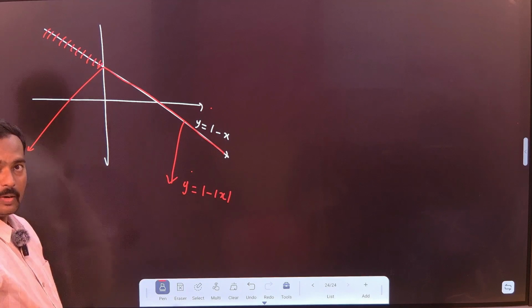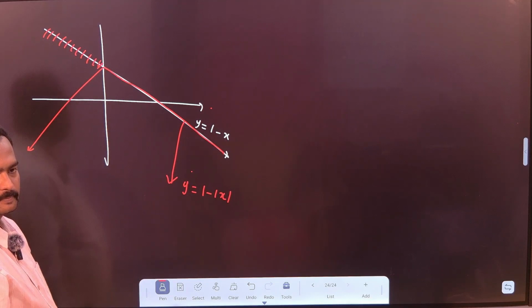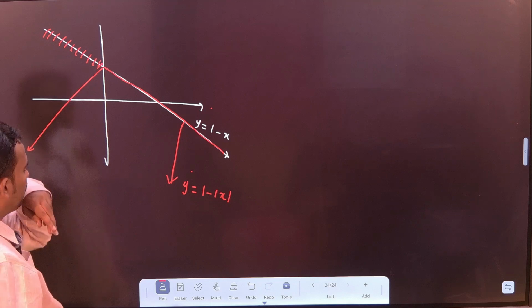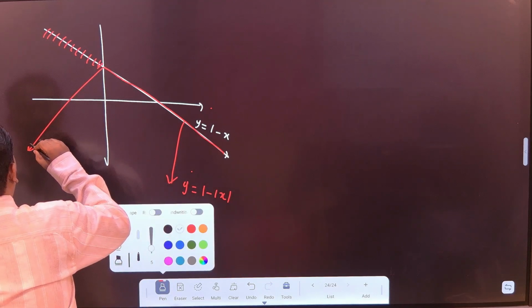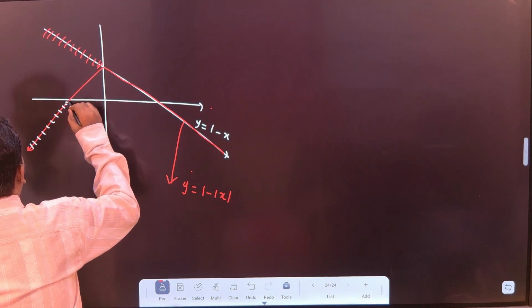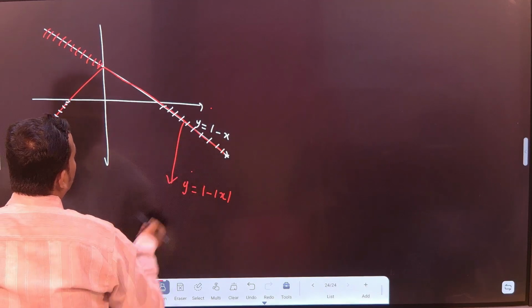Okay. Now you can apply mod y. So mod y's job is what? Whatever is below the x-axis, you have to remove it.